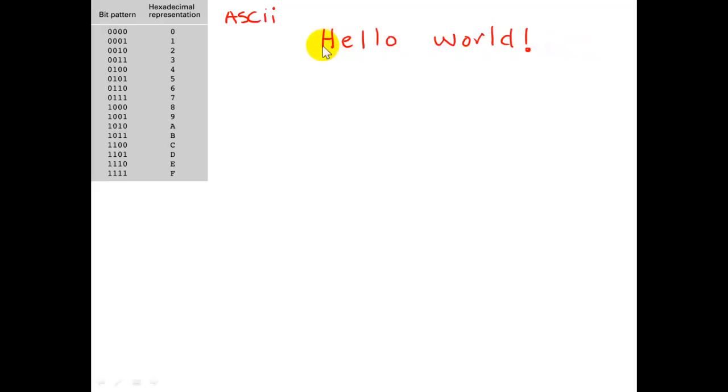Now, outside of the computer world, we have this alphabet that we use with letters, uppercase letters, punctuation signs. But as far as a computer goes, it has to be encoded using binary values.